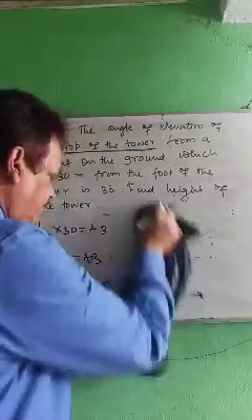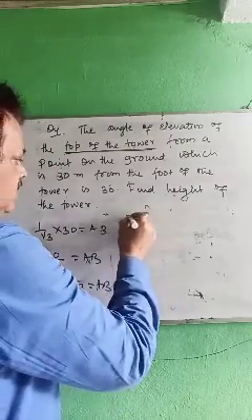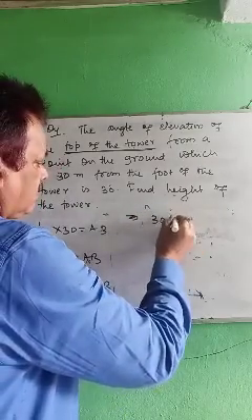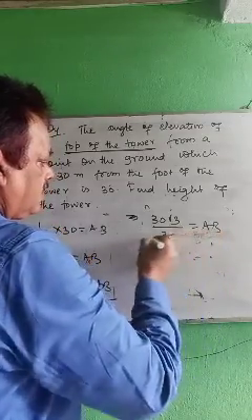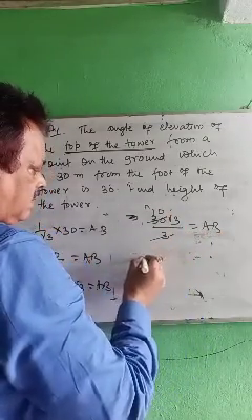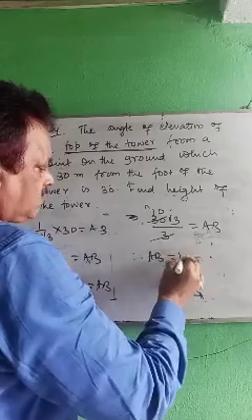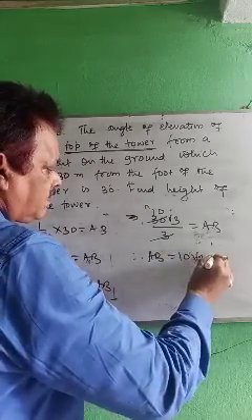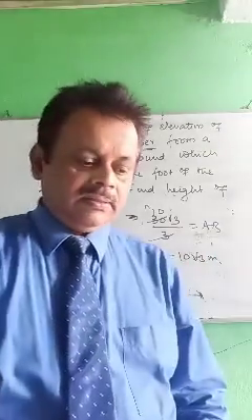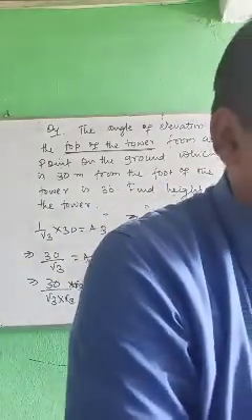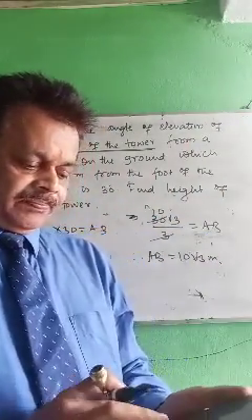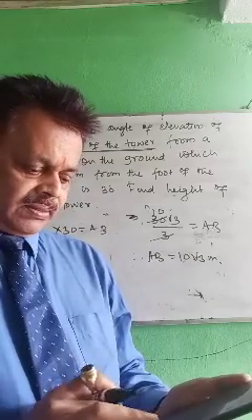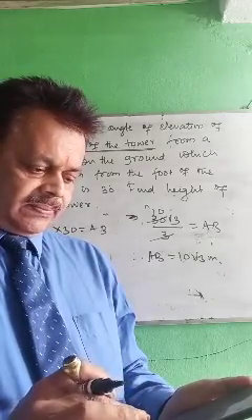Then you will get 30 root 3 by 3 equals AB. 3 cancelled here, 10. Therefore AB equals 10 root 3 meter. That is the height of the tower. So if you can frame the diagram, then it is very simple for us. Okay. Let's see another question then.